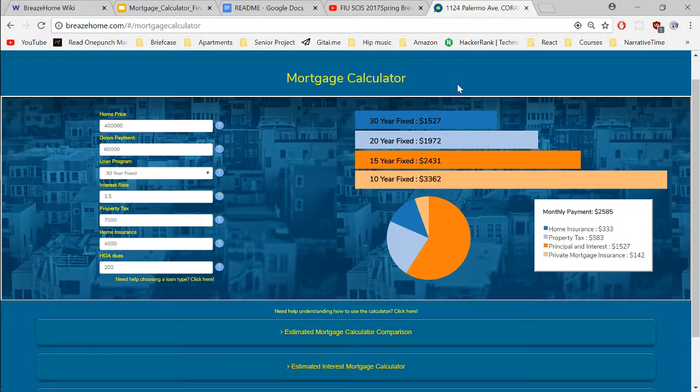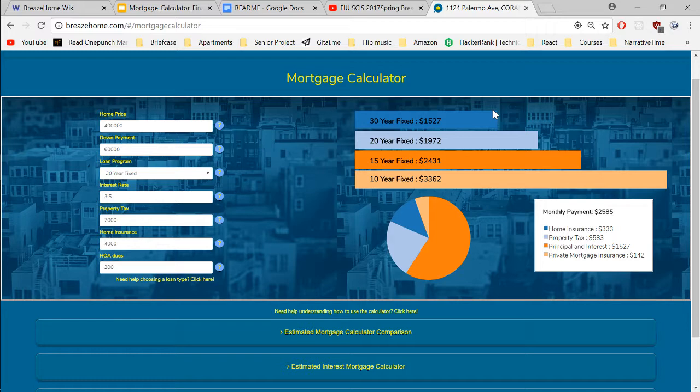So the bar chart. The bar chart shows principal and interest over different loan terms and allows the user to compare and contrast the biggest payment of a mortgage among different loan terms. The pie chart is going to represent each mortgage payment as a fraction of the total monthly payment and allows the user to view how different payments compare to each other and helps visualize the information in the data legend.